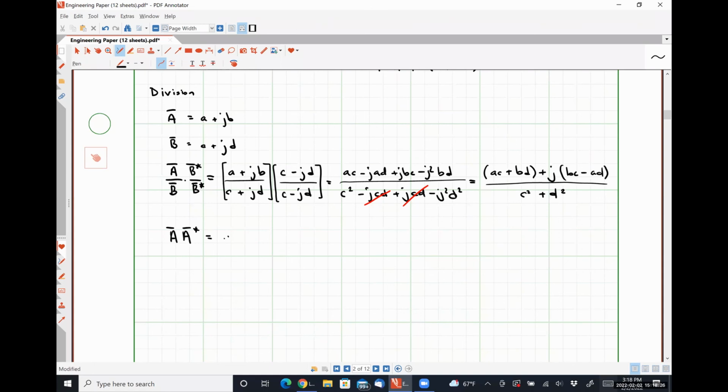So this would look like a squared plus b squared, which is nothing more than the magnitude of A quantity squared. So anytime we multiply a complex number by its complex conjugate, the result of that operation is the magnitude of that complex number squared. We will use that little identity at multiple points in this class.